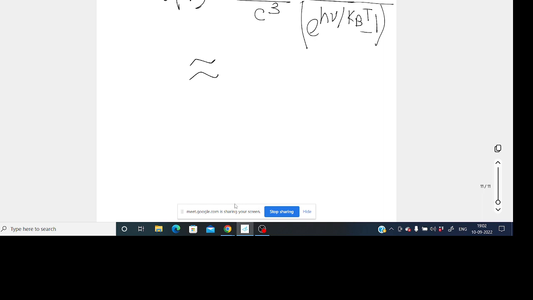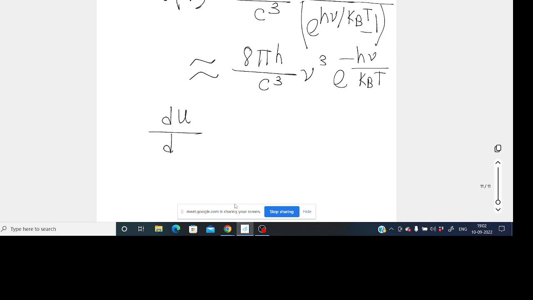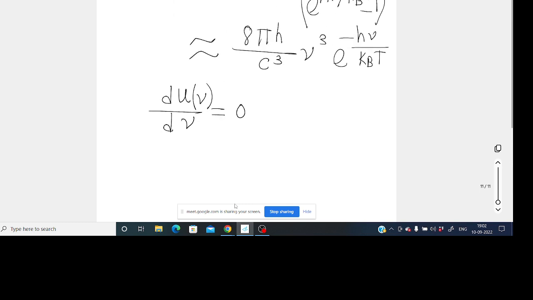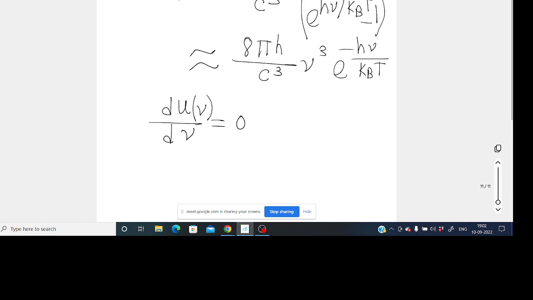We are considering that e to the power of this quantity is much greater than 1. Here also we do the same thing, the maximum of this thing we'll try to find out. From the first term we have this.